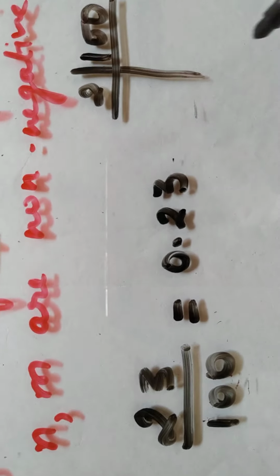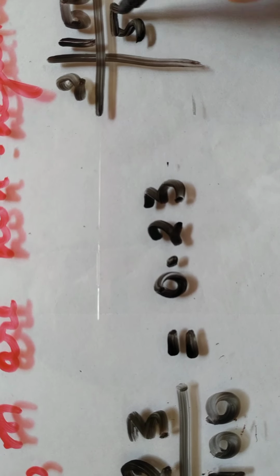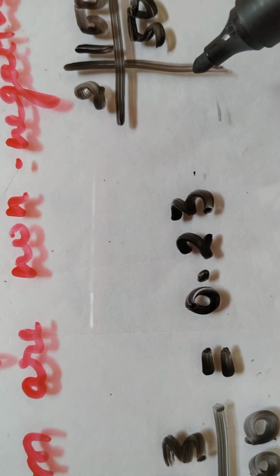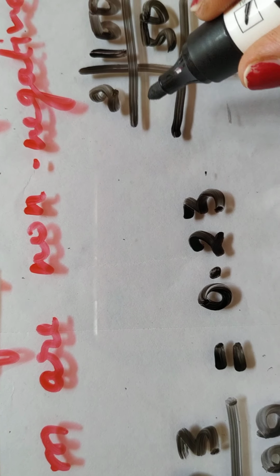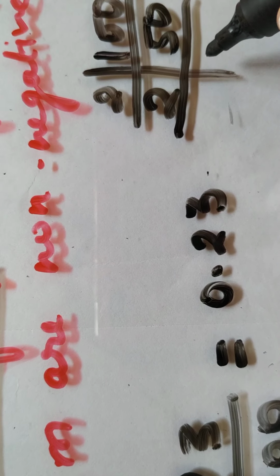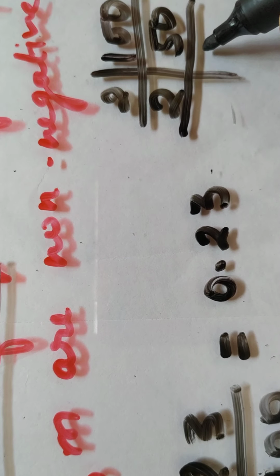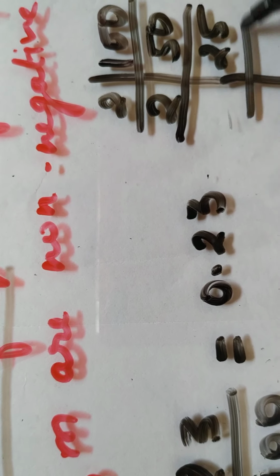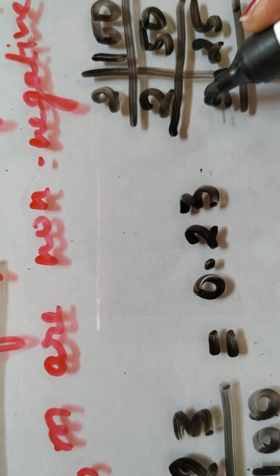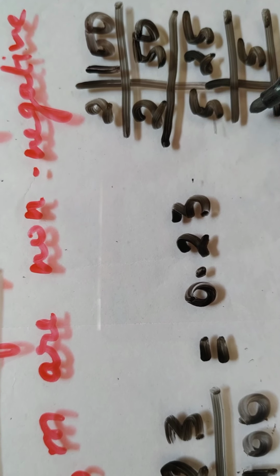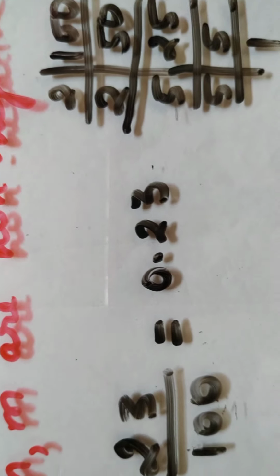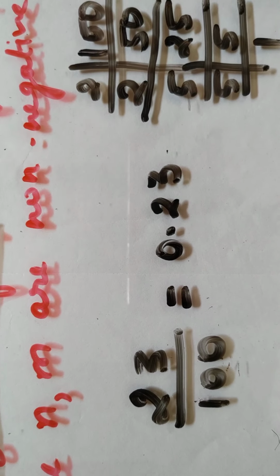It will become 50 divided by 2, so the answer is 50. Now again divided by 2, so our answer is 25. Now it is not divisible by 2, it is divisible by 5, so 5 again, it is also divisible by 5, so we will get 5 again.